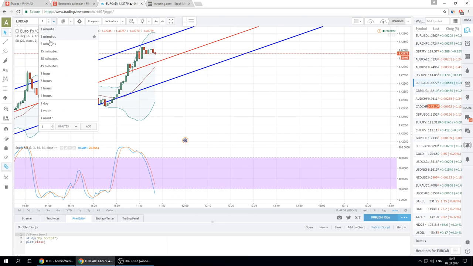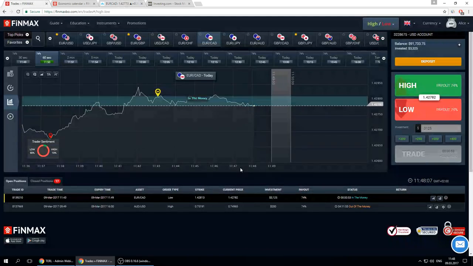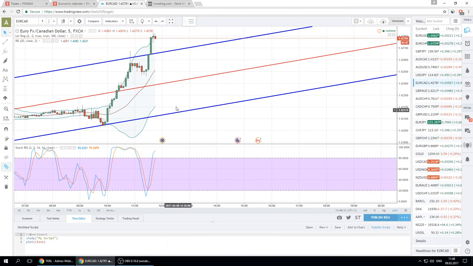It moves in our direction over 5 minutes. For 5 minutes it's also pretty good, but also not clear because the market can turn back as well. So we need to wait and see what will happen next.